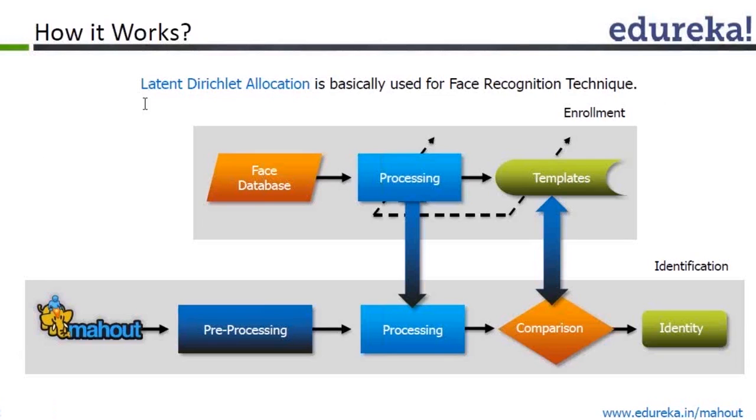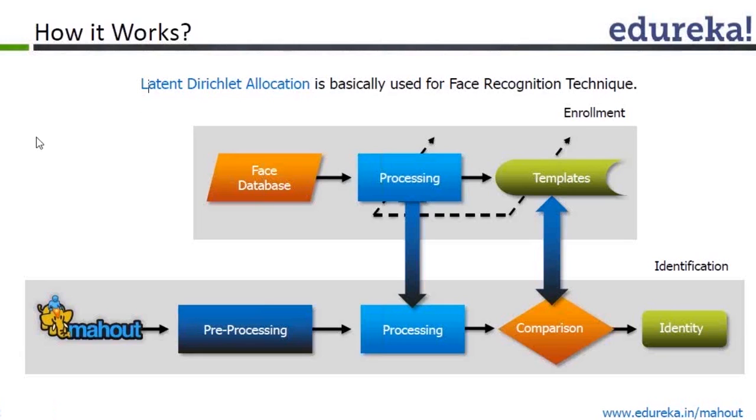We are not going to cover face recognition specific algorithms here, but we'll be looking at topic modeling, guys. LDA is used for face recognition, and this is how it looks. You have a corpus of face images, pre-process the images, create templates out of them, and generate the model using the LDA algorithm. Once the model is created, you use it to analyze new, unseen faces.